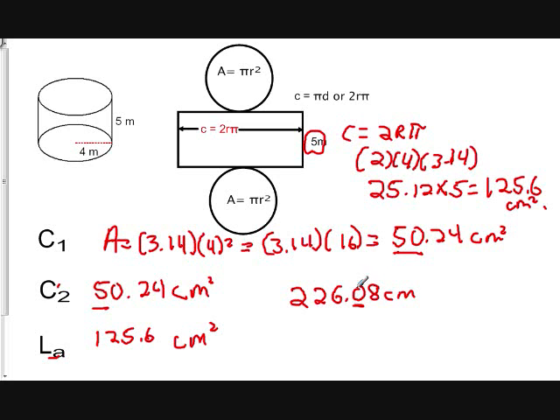You look to the right, and if it's 5 and above, you give it a shove up. If it's 4 below, you keep it down low. So in this case, we're going to round up, and we'll end up with 226.1 centimeters squared. So make sure you have your square centimeters.